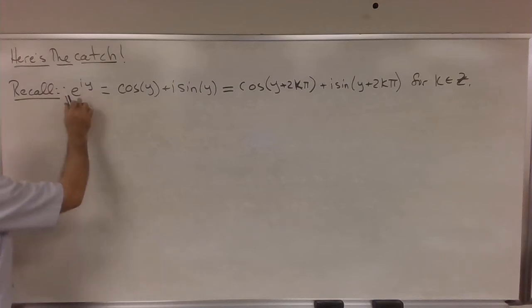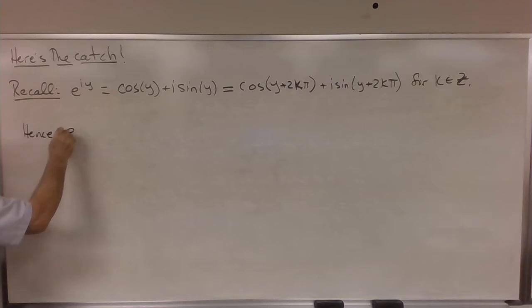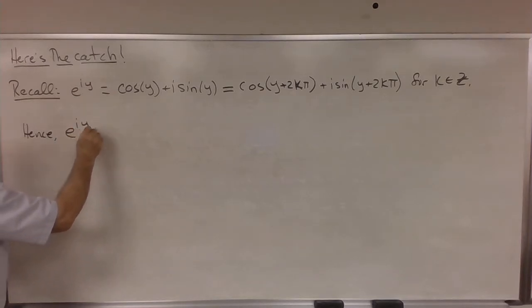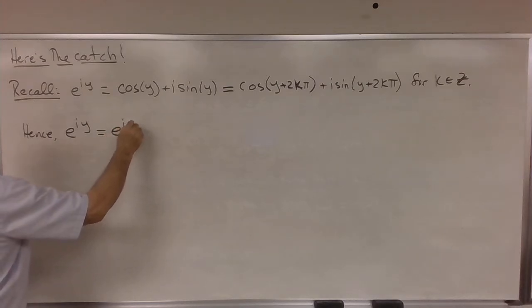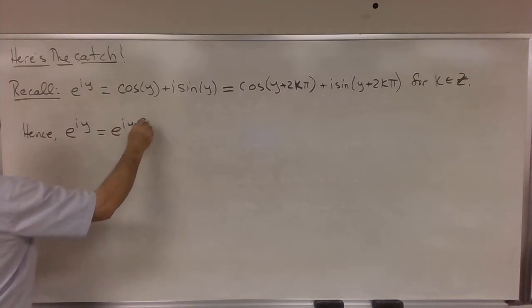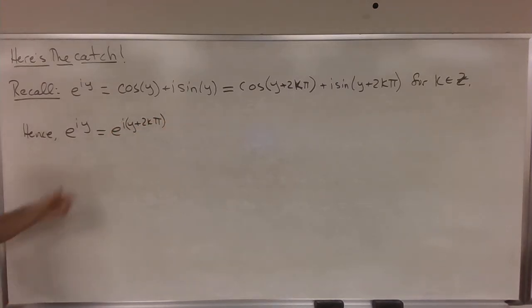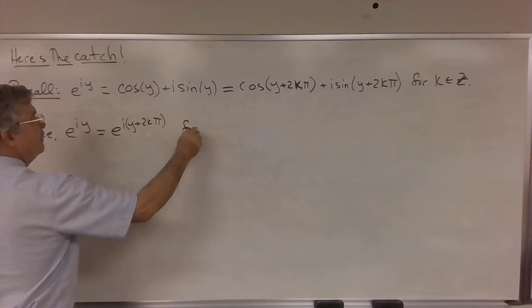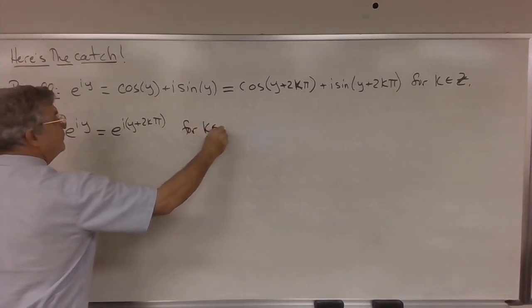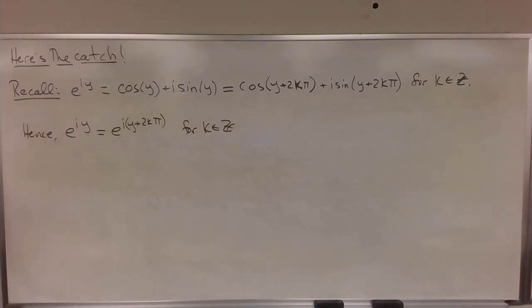Now, here's what it means for our exponential function. What it means is that these two things are exactly the same for any whole number multiple of 2 pi. In other words, as long as k is an integer, these two things are exactly the same.